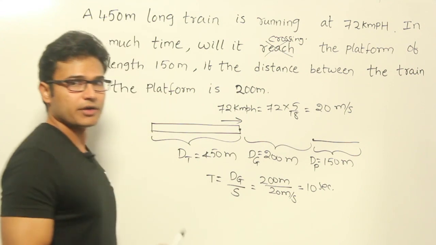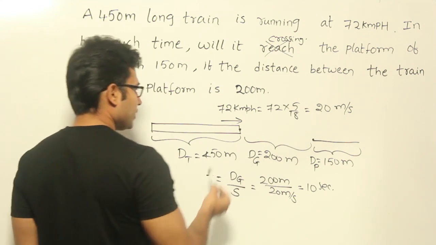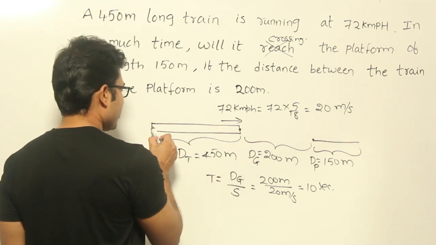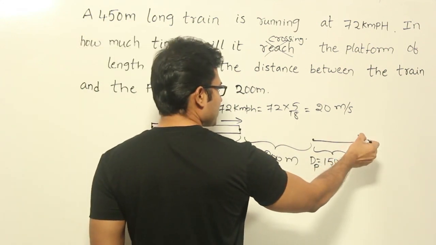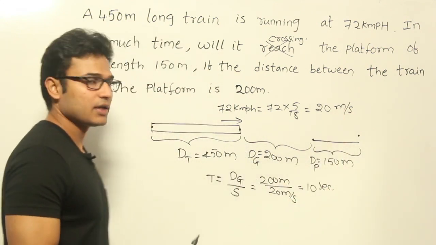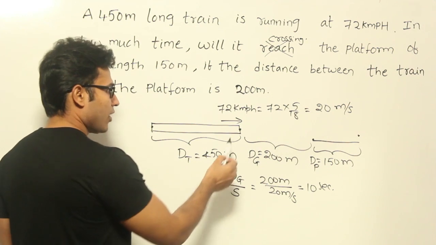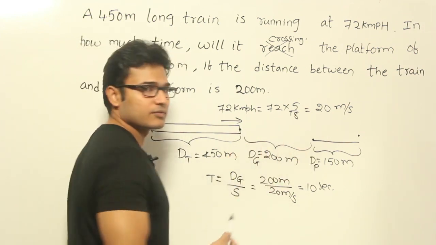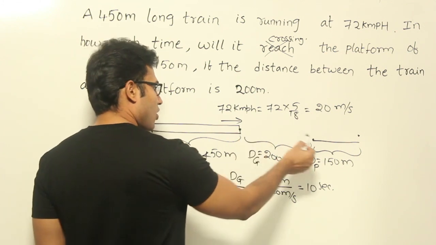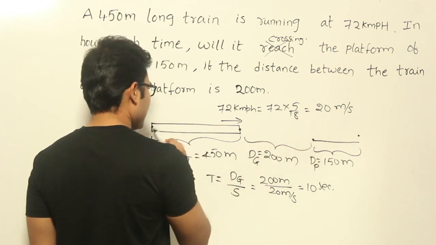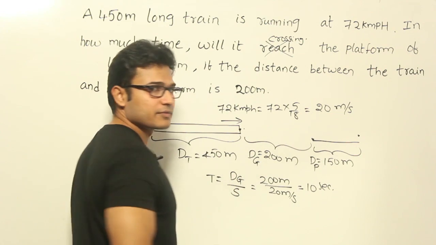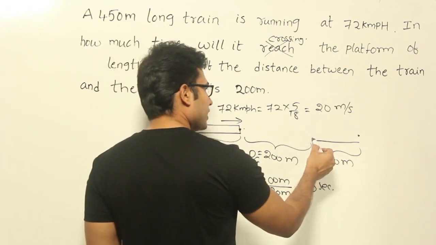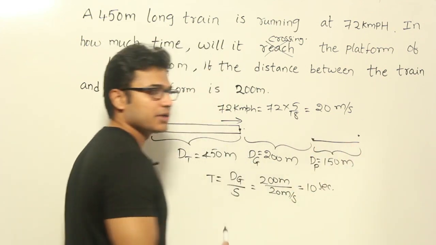If they are talking about crossing, then it means that this endpoint has to cross this endpoint, right? So how is it possible? Now this entire gap has to be covered. And after covering the gap, this entire length has to cross this point, and after that the tail of it has to cross the platform length.